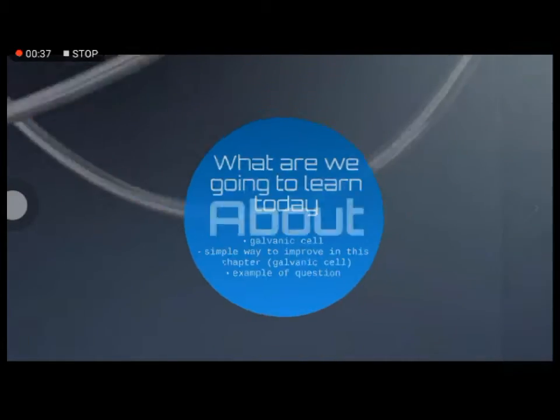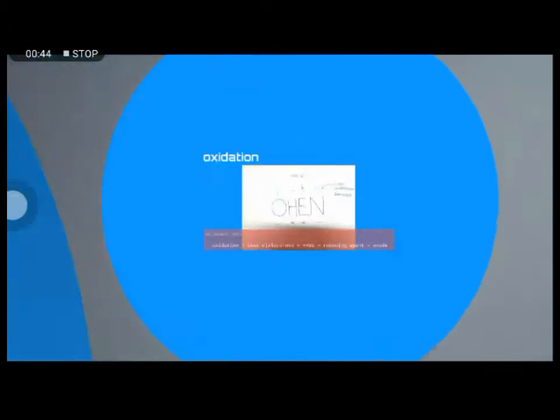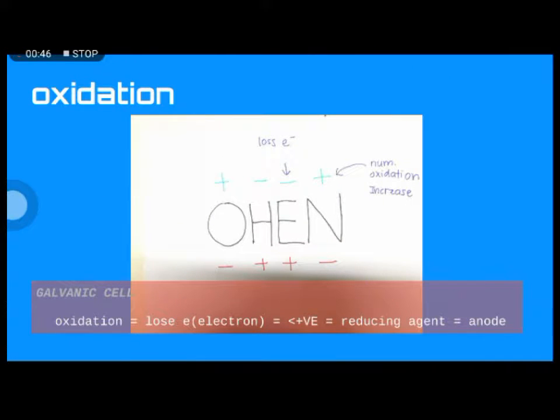Next, the very important thing that students have to know is about oxidation and reduction. Oxidation is a process where an atom loses electron. The SRP, which is standard reduction potential, is less positive. It is a reducing agent as it undergoes oxidation, and it is an anode.